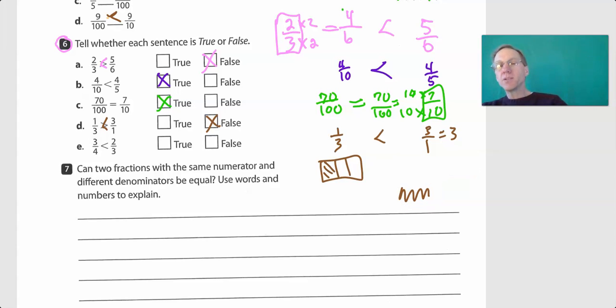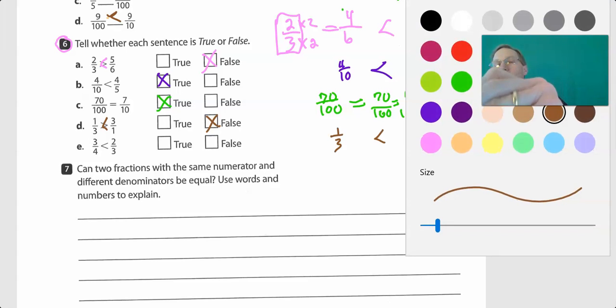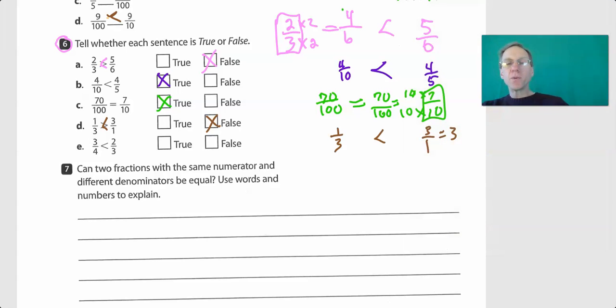Clear this out of the way. I'll do my last one here. 3/4 and 2/3. So this is a sneaky one here, because now I have to pick something that I can multiply to get both these denominators or numerators the same.